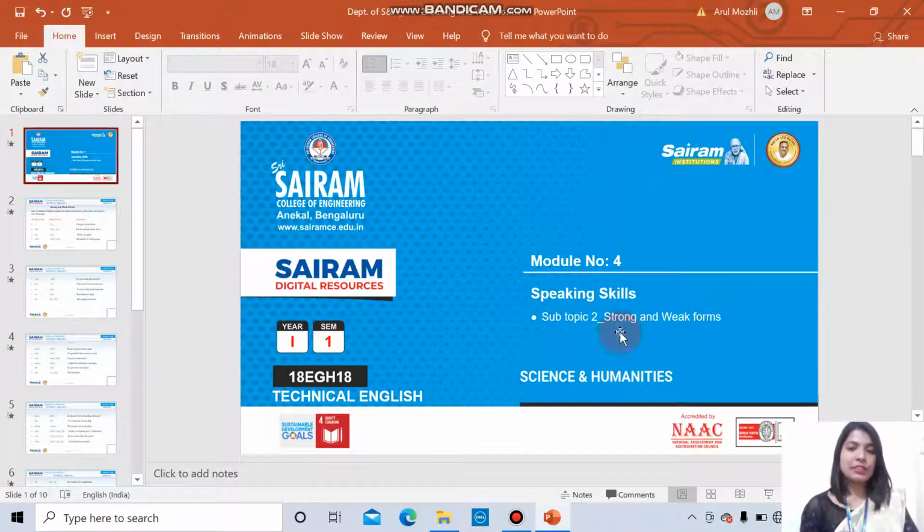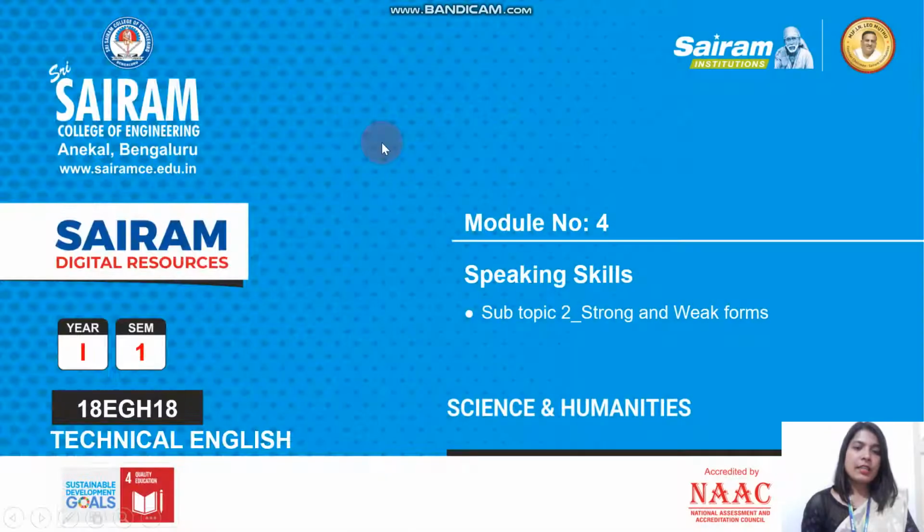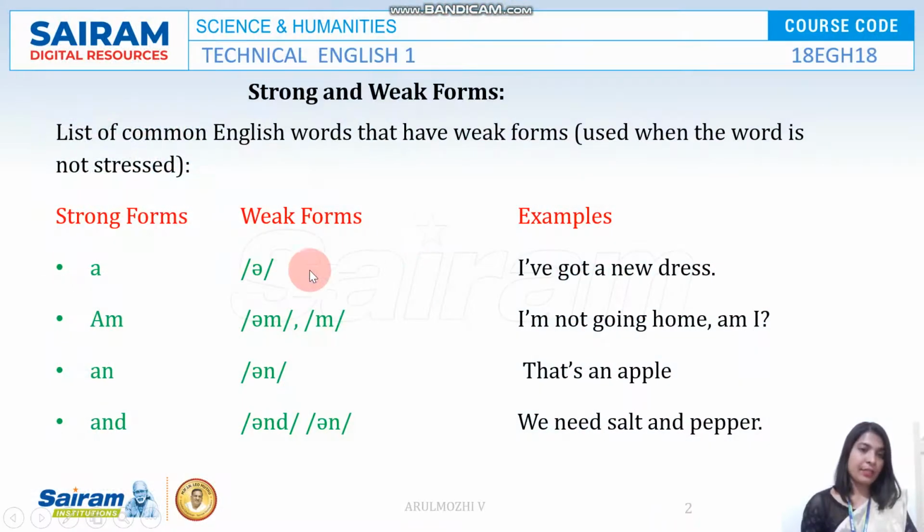Today we are going to see the strong and weak forms from Module 4. What is a strong form and what is a weak form? The original pronunciation of a word is called the strongest form or the strongest pronunciation of a particular word.